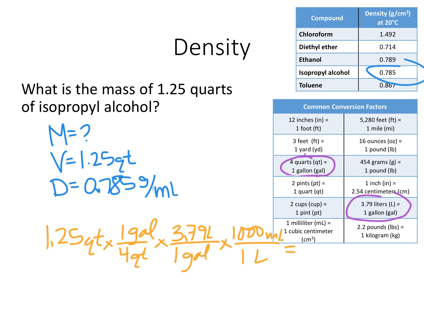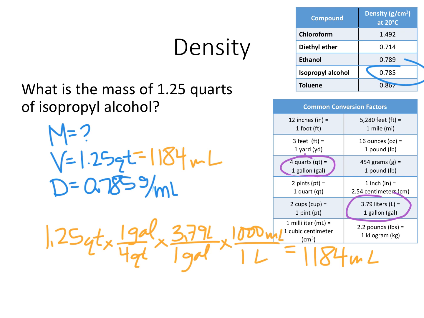I'm getting those off of my conversion charts on my other page. So I will multiply 1.25 divided by 4 times 3.79 times 1,000, and I end up with 1184 milliliters of isopropyl alcohol. All right, so my volume is 1184 milliliters, and I'm looking for a mass.